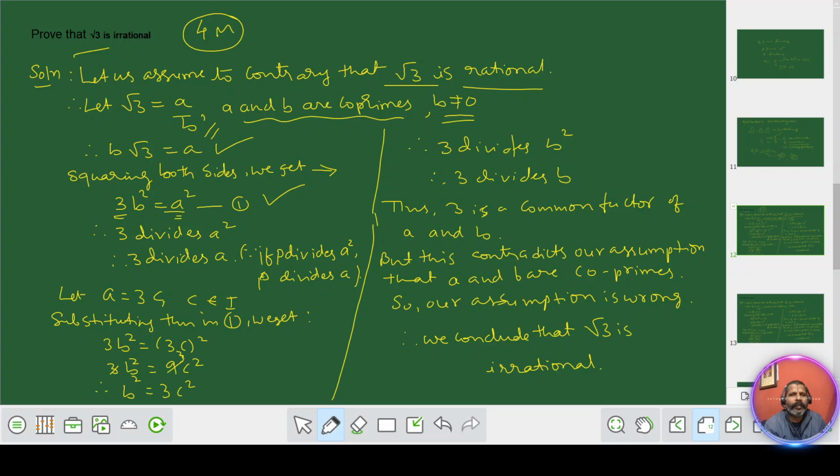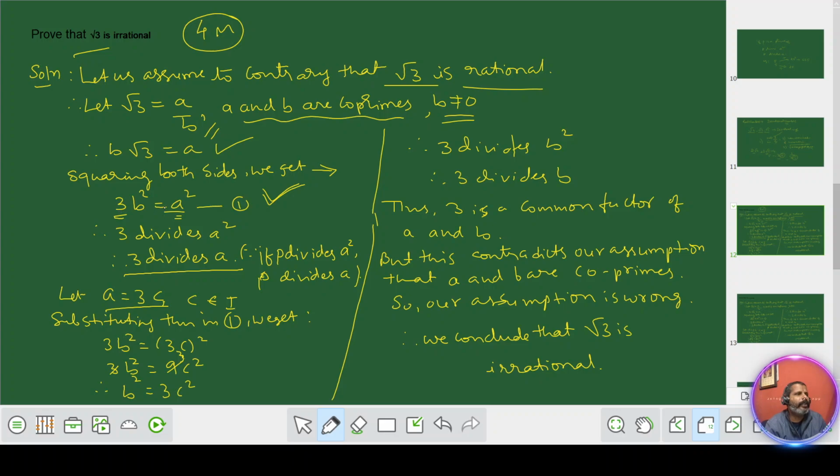In the same way, since 3 divides a square, 3 also divides a. That means a has a factor 3. What do you mean by divisor? It is nothing but a factor. Since 3 divides a, we assume a is equal to 3c, where c is an integer.